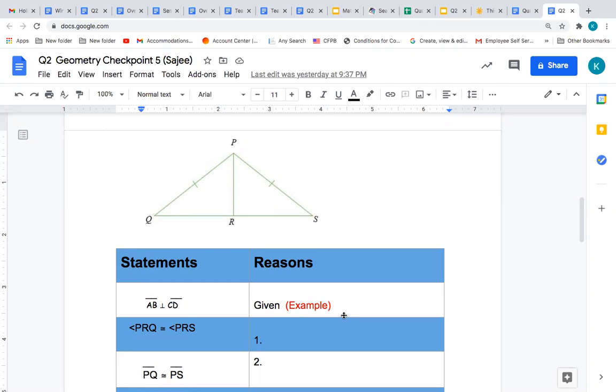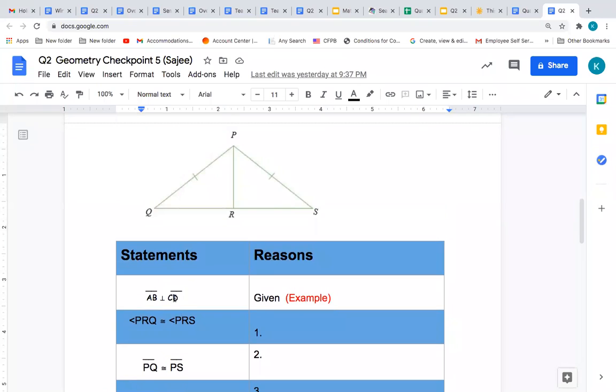I already stated all the statements over here. I'm just going to make sure everything is correct. PR is perpendicular to QS.